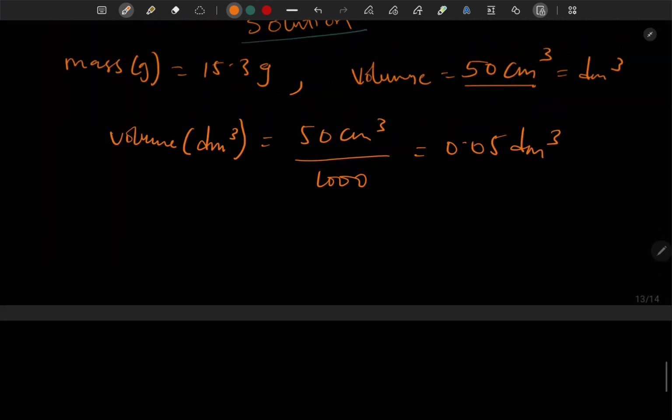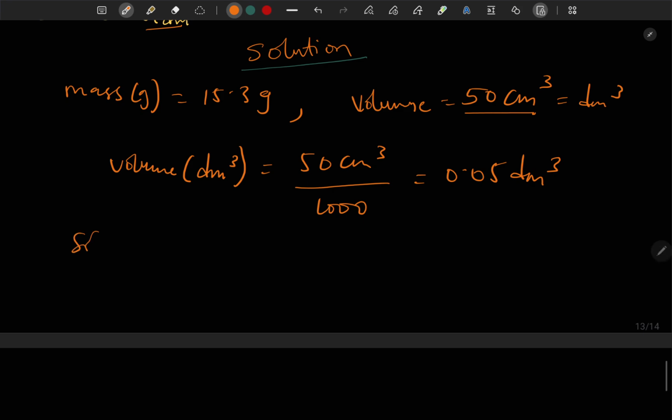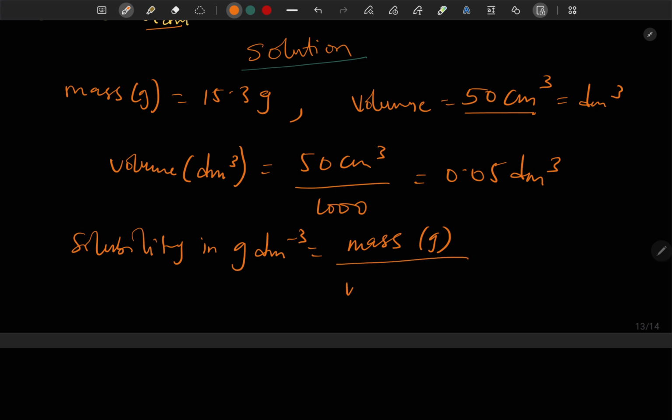So now we can find the solubility in gram per dm³, which is equal to mass in gram divided by volume in dm³. So what is the mass in gram? 15.3 gram divided by 0.05 dm³.